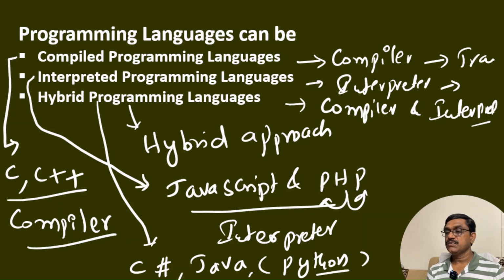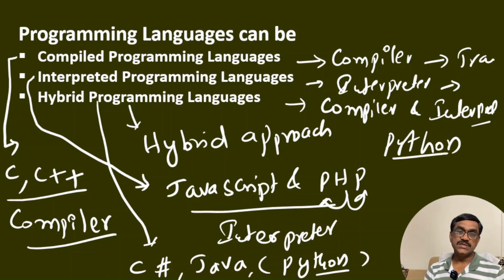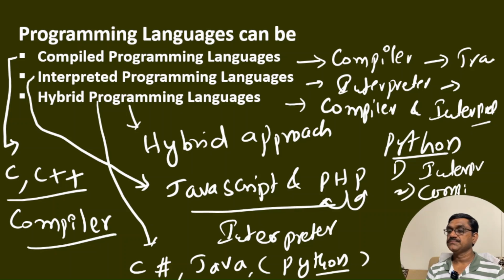Whenever we are trying to include Python, you might get some doubt. I will clarify the doubt. The doubt here is, I said in the introduction classes, Python is interpreted programming language. But here I am including Python under hybrid programming language. Means that I want to say Python is both interpreted and compiled.